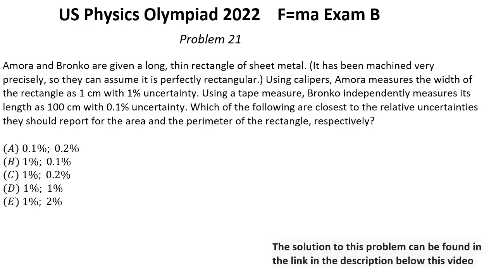Note that while the perimeter is approximately twice Bronco's measurement, the relative uncertainty is unaffected by this observation, so the answer is not 0.2%. So the correct answer is B, and that was the solution for problem number 21.